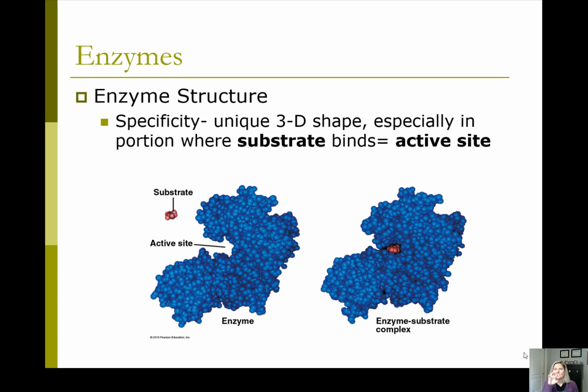So that's going to allow this protein to have a certain shape, and that unique shape has an area that has a specific spot where some sort of substrate can bind to it. So that spot, based on that three-dimensional shape of the protein, is called an active site.